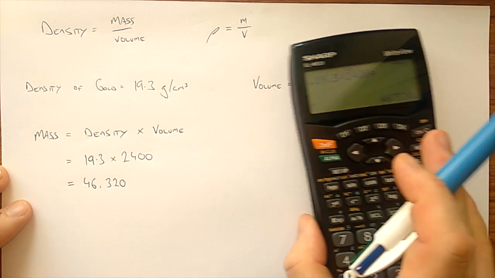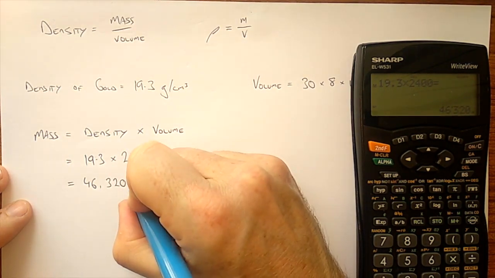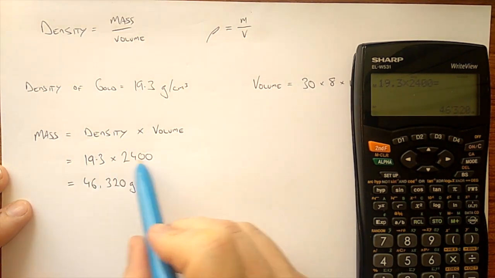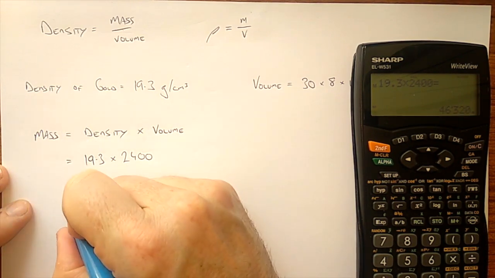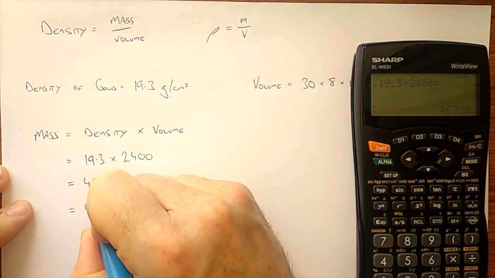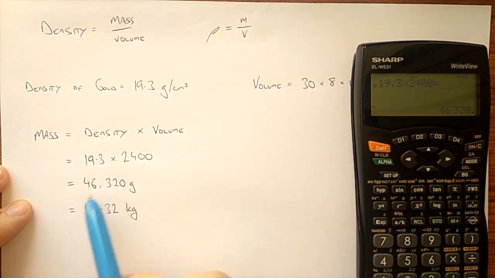Well, we are working in grams and centimeters cubed, and we're looking for mass, so that is going to be grams. You can actually include the units in the calculation, but for this stuff you normally don't need to. Now we just make that a little bit neater, so that is 46.32 kilograms. So a bar of gold, which is probably about the same weight that you are.